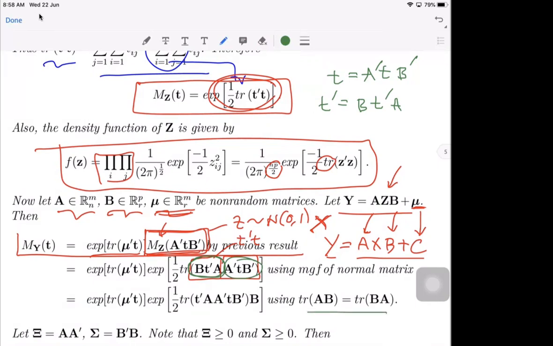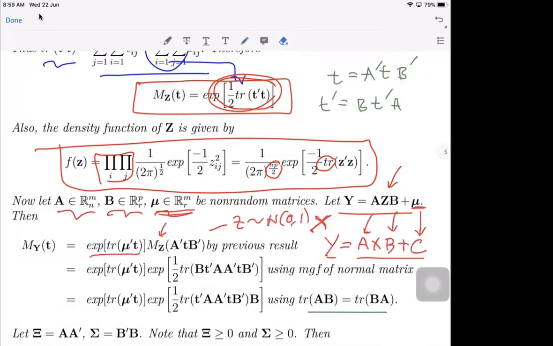You use the property of a trace wherein you consider this as one term here. So you will have T prime A A prime T B prime B. This is your B. So this is using this property of the trace.